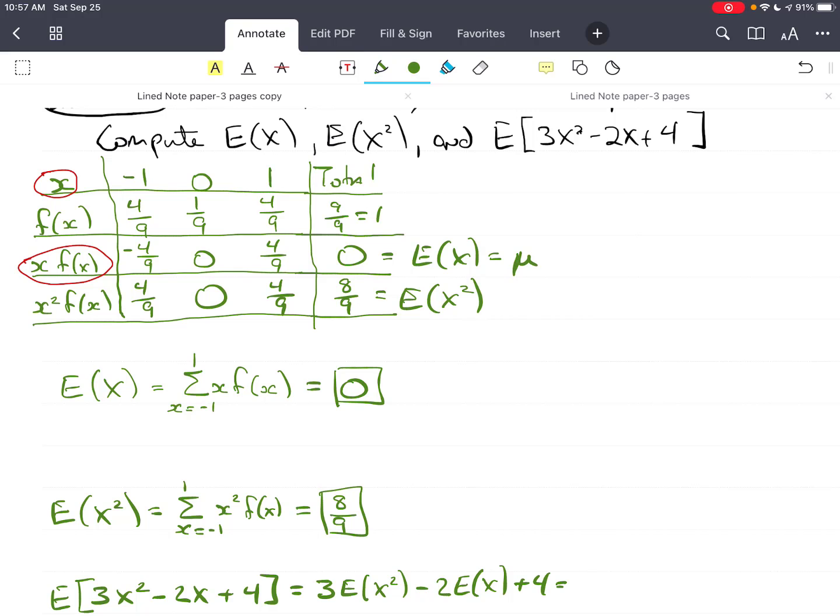And this is going to be 3 times 8/9 minus 2 times 0, and then plus 4. When I cancel, I get 8/3 plus 4. And so I end up with 8 plus 12, so 20 over 3.